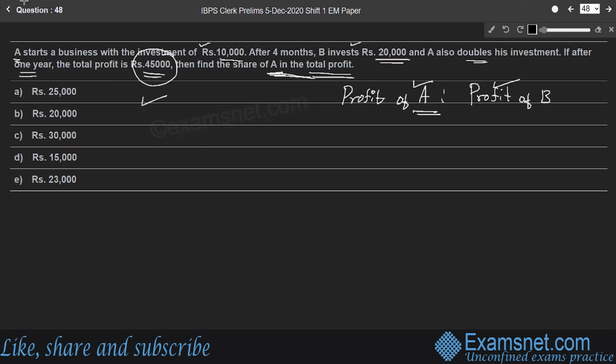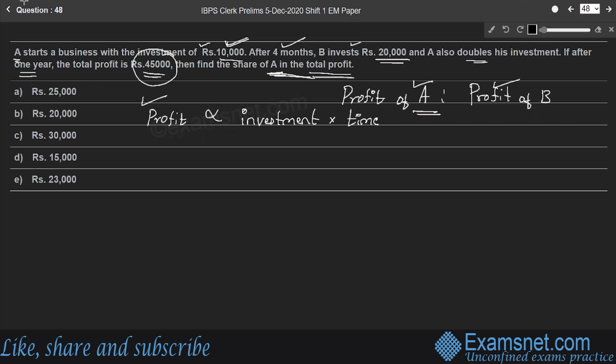If we find the ratio of their profit, we can directly find the share of A in the total profit. Right? Now, it is given the initial investment of A and the time period. So if investment and time are given, then we can easily find the profit ratio because profit is directly proportional to investment and it is also directly proportional to time period. Right?